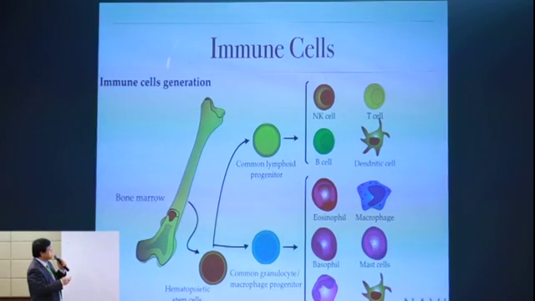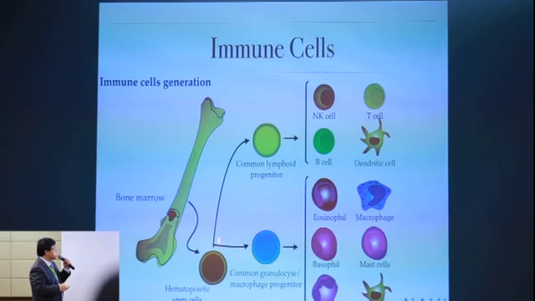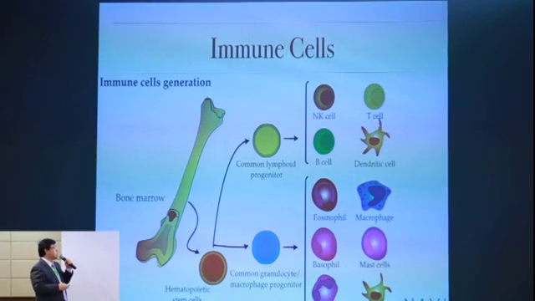So what are immune cells? Immune cells control the immune system in our body. In general, we can divide immune cells into two lineages. One is the lymphoid progenitor, the other is the myeloid progenitor. Natural killer cells, T cells, and B cells come from the lymphoid lineage.